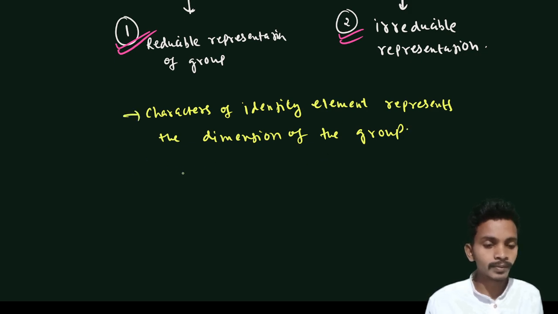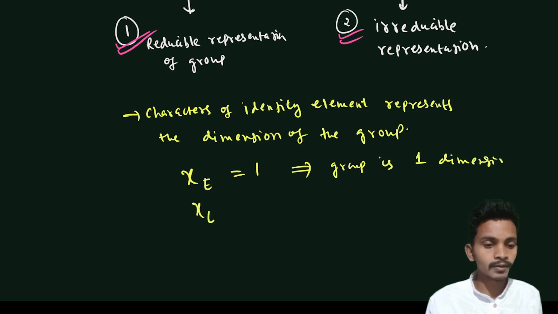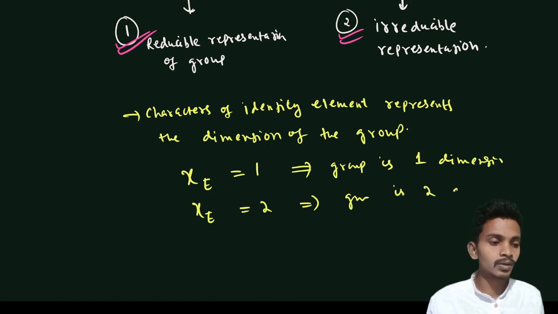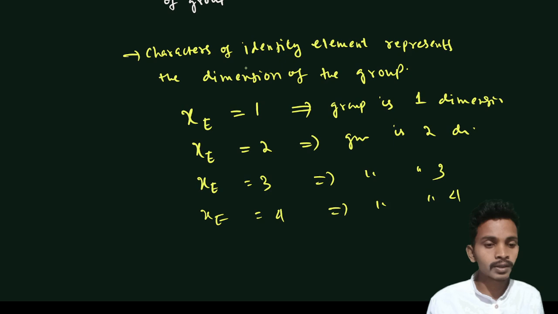If the character of the identity element is 1, then the group is 1 dimensional. If the character of the identity element is 2, then the group is 2 dimensional. Similarly, if it is 3, then the group is 3 dimensional, and if it is 4, then the group is 4 dimensional. So the character of the identity element says what the dimension of the group is.